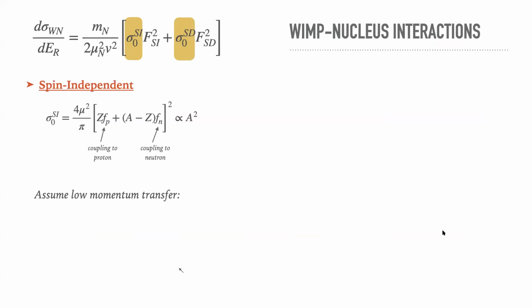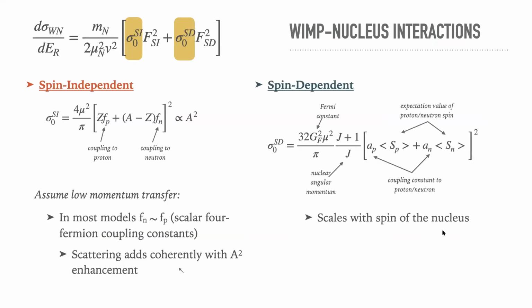And the reason for that is because these couplings to the proton and the neutron are sort of equivalent and similar, that's why you get the A squared enhancement. The WIMP doesn't care.